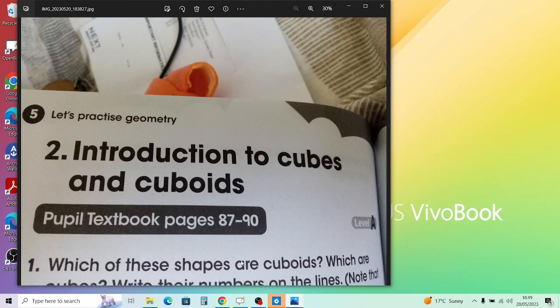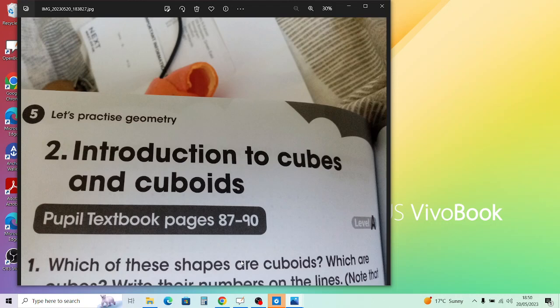So it's not circular. The shapes here, 1, 4, 7 potentially, are cuboids, and the cubes are the dice, the box and the magic square. The magic square, item number 8, is also going to be a cube.